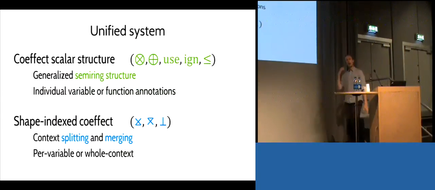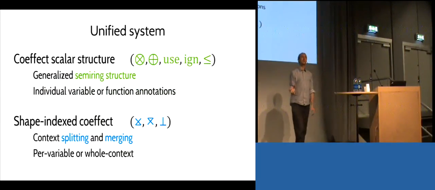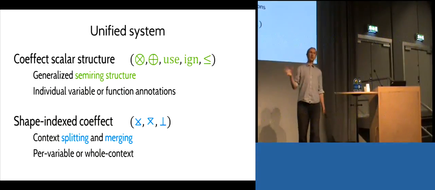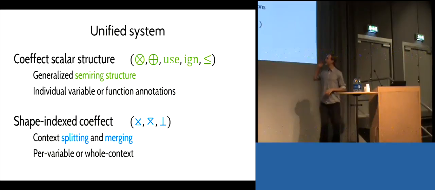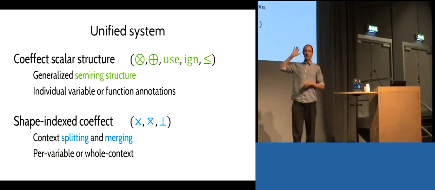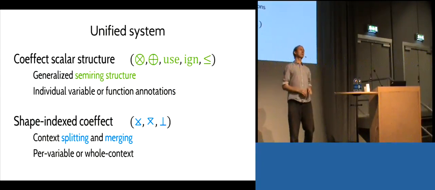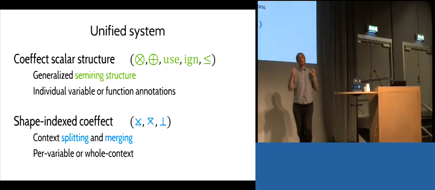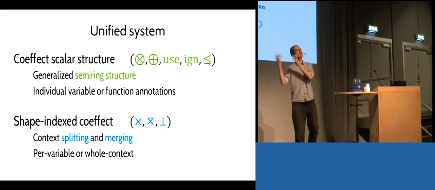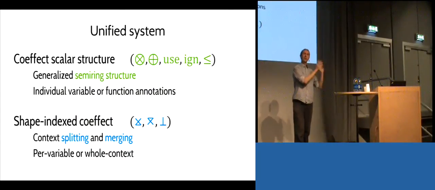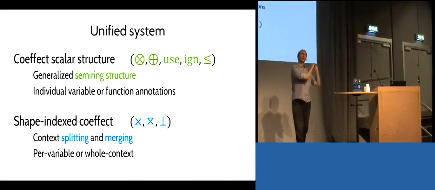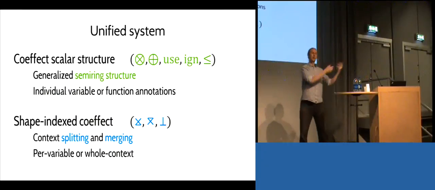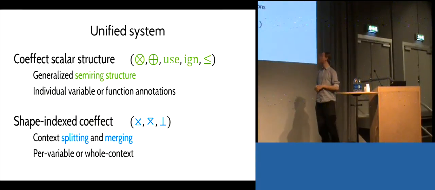So what's in the paper? There's two interesting things. I only showed you the concrete examples. The paper actually has a nice unified system because it's an ICFP paper, which defines this abstract coeffect structure that can be implemented by the set, or by the natural numbers tracking the historical values, or by natural numbers tracking the number of uses of a variable.